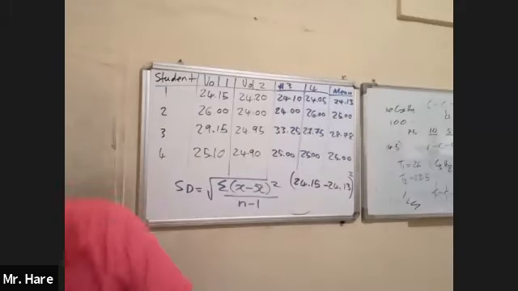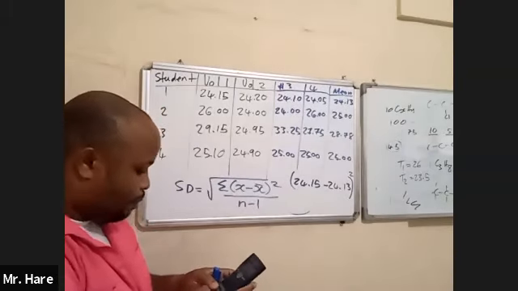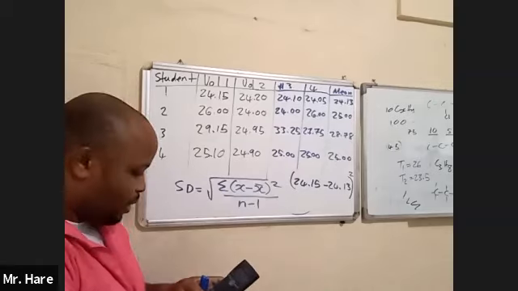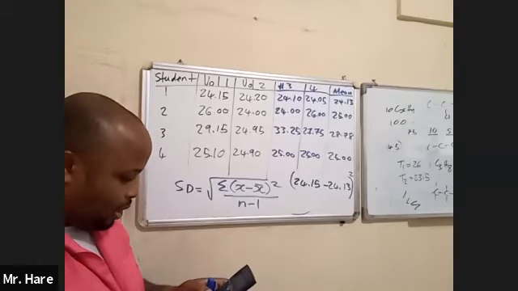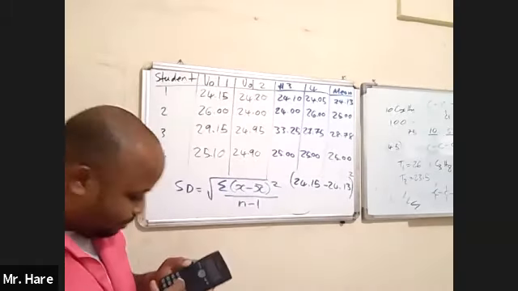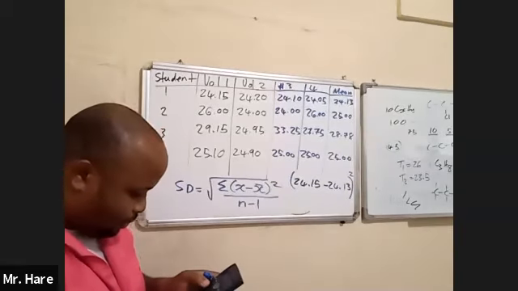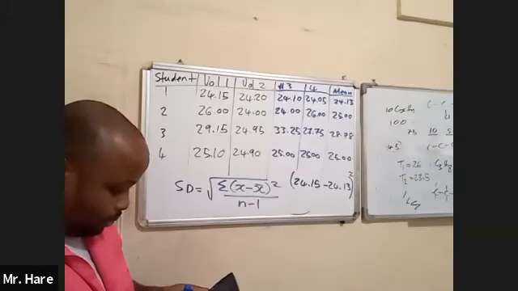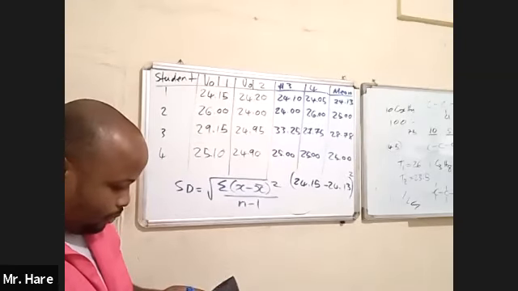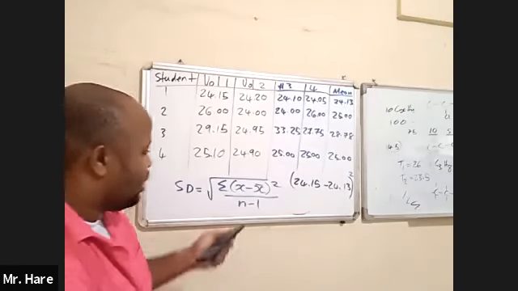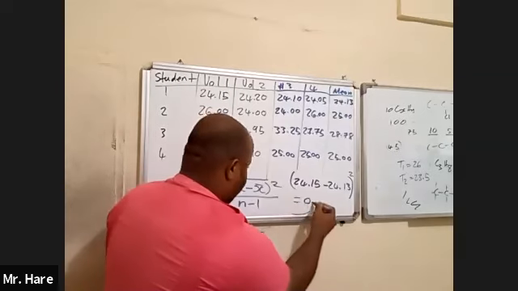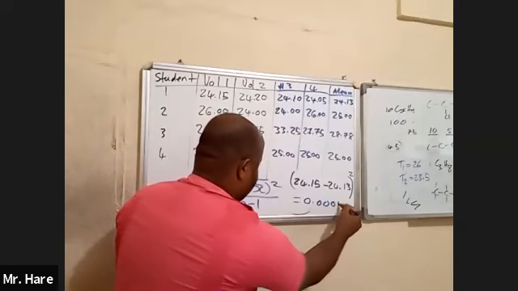So that would be 24.15, take away 24.13. The answer you get, you square it. Let's square it. All right, and the answer is 0.0004.